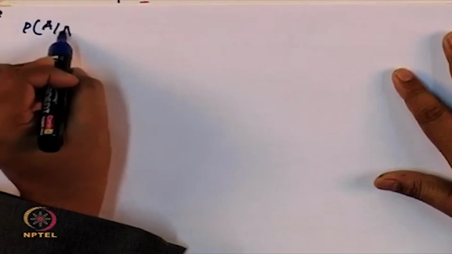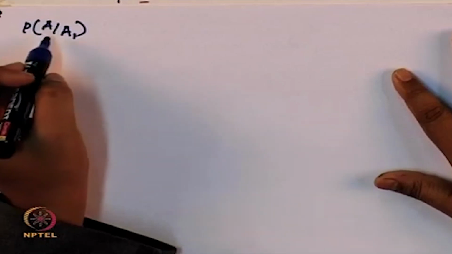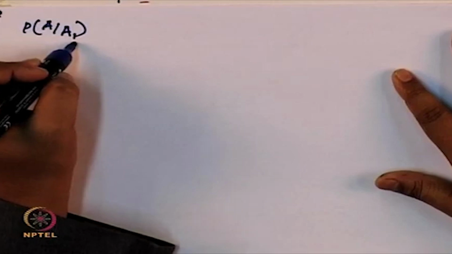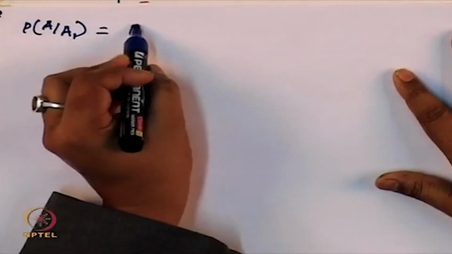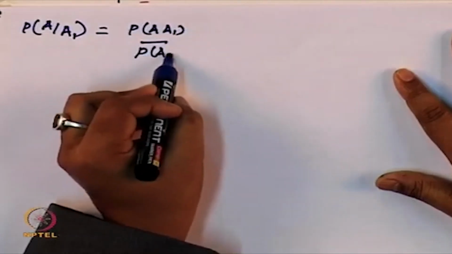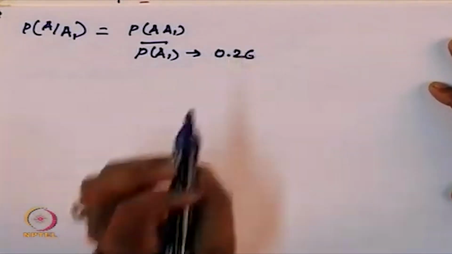Again, for solving this problem we have to make use of conditional probability. Essentially we have been asked to compute the probability of A given A1, that is, the person is accident prone given that he has an accident. I can write it as the probability of A and A1 divided by the probability of A1. Now, the probability of A1 we have calculated as 0.26.